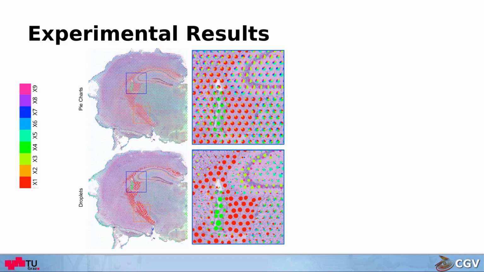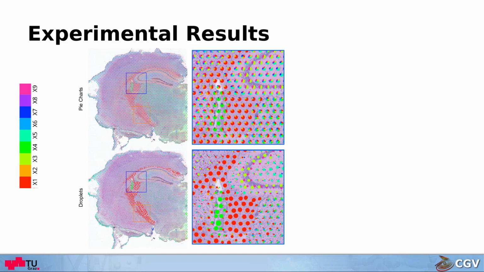A closer inspection of the regions where homogeneous cell type compositions border each other clearly demonstrates the advantage of our design. This part of the tissue exhibits a coherent region, dominated by the red X1 cell type, which encases a cluster of the green X4 cell type.